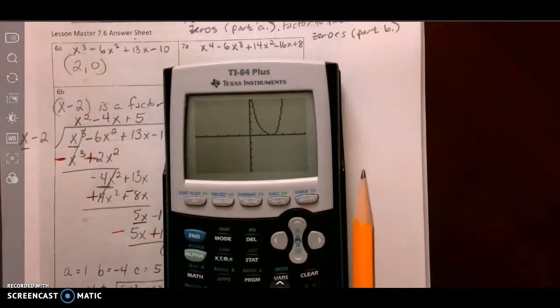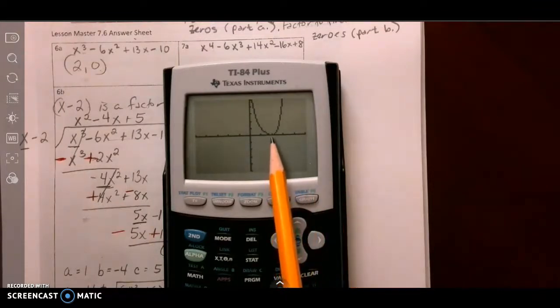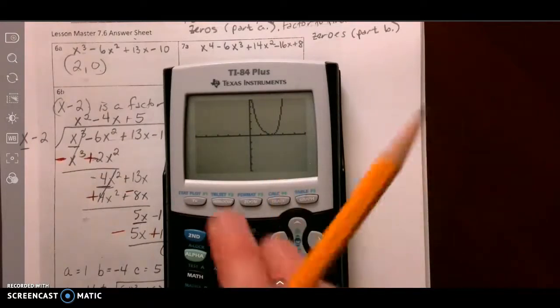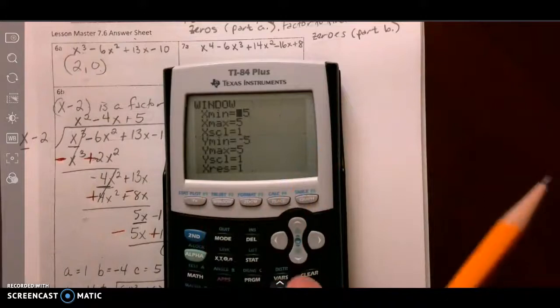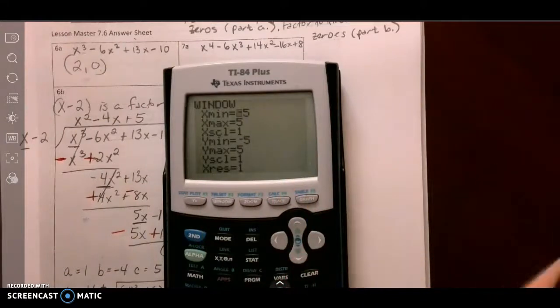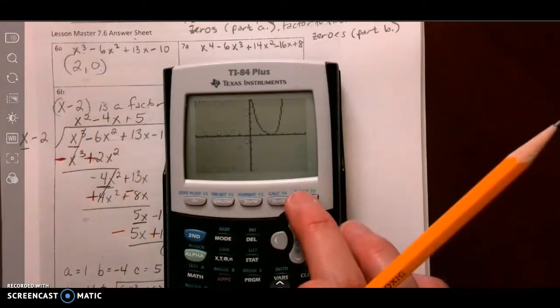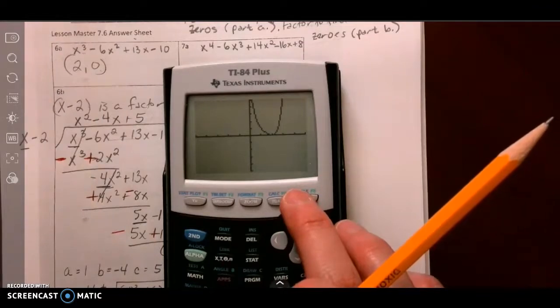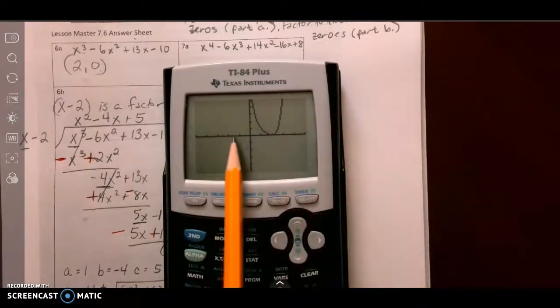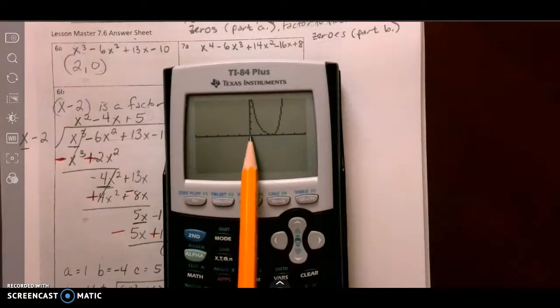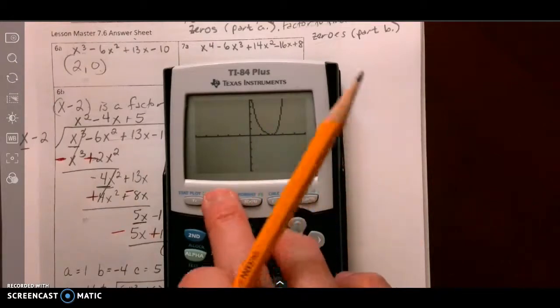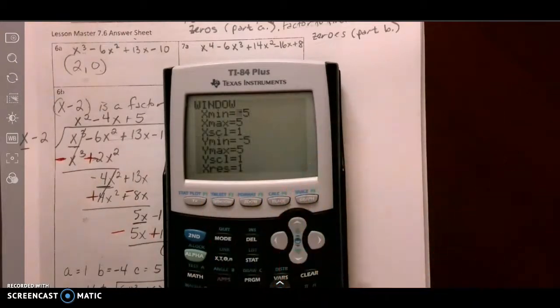It's just kind of hard to see. So let's see if I could get a little bit closer to that part. I'll just keep trying to get my window a little bit closer. How about, let me see that again. I'll go from -1 from here. How about from 0 to 3? Let's try that on the x-axis.